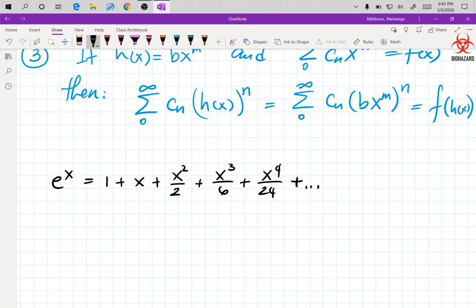Derivative of e to the x is e to the x. Integral of e to the x is e to the x. Easy to find domain, the range, shifted left, right. There is no need for power series.